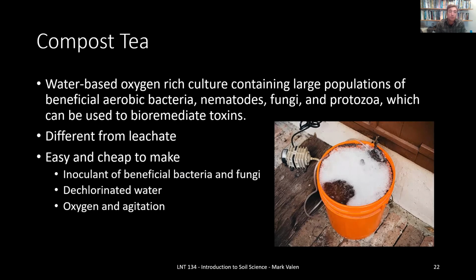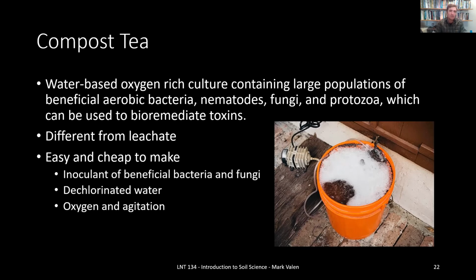So compost tea is a water-based, oxygen-rich culture containing large populations of beneficial aerobic bacteria, nematodes, fungi, and protozoa, which can be used to bioremediate toxins. Compost tea is different from the leachate. The leachate is anything that drips off of finished compost or even unfinished compost.